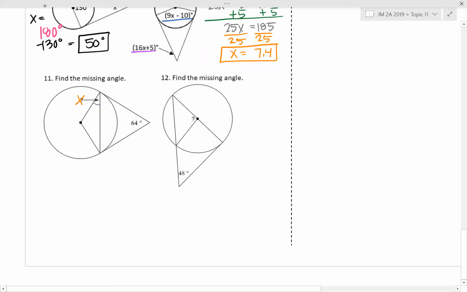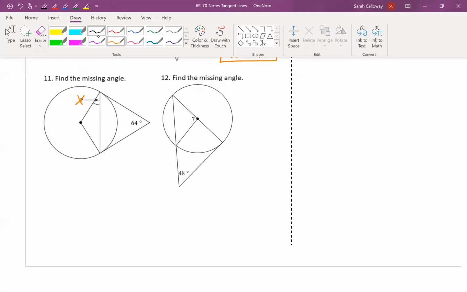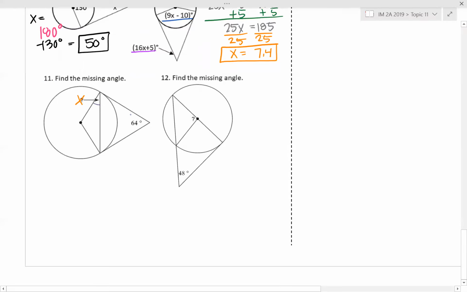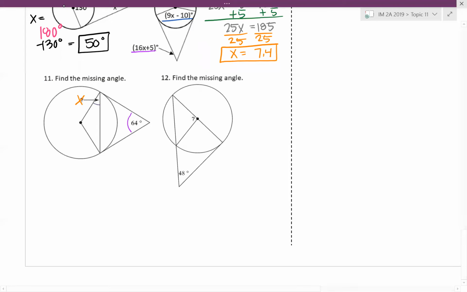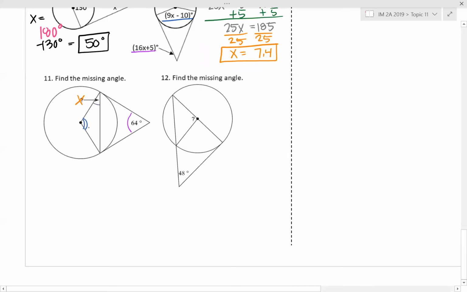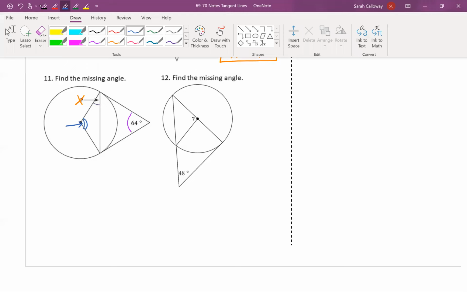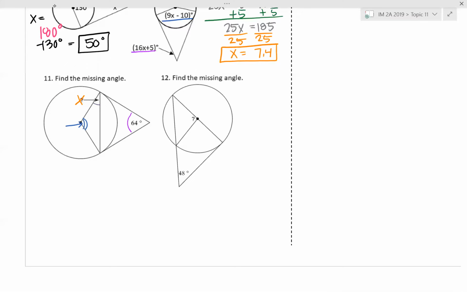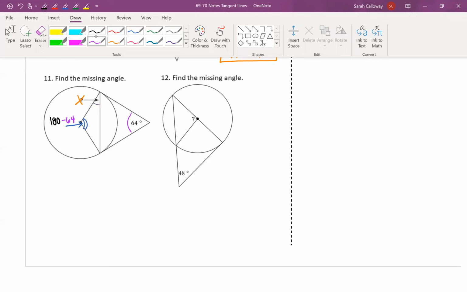One thing that I can find based on this diagram is, so this is my tangent angle. So I know that it is supplementary to this angle here. So I can figure this one out by doing 180 minus 64. So that means that this angle here is 116.